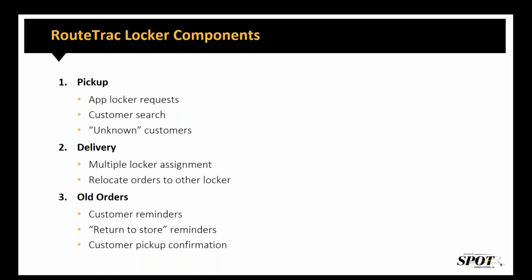But the driver is able to place a few in one locker and then a few in other lockers. On top of that, this is where they can relocate orders from one locker to another, in case the magnetic lock on one of the locker doors went bad and they want to move it to a different one.